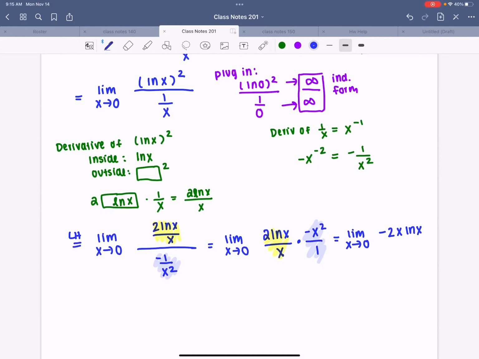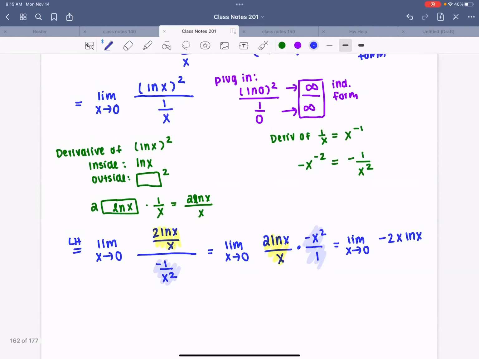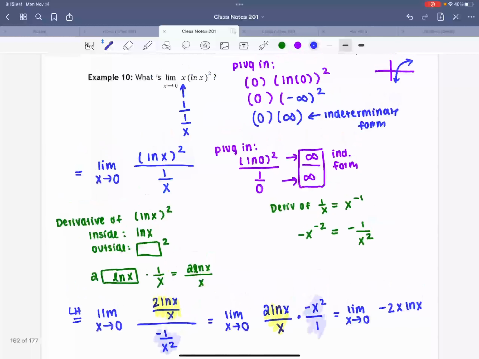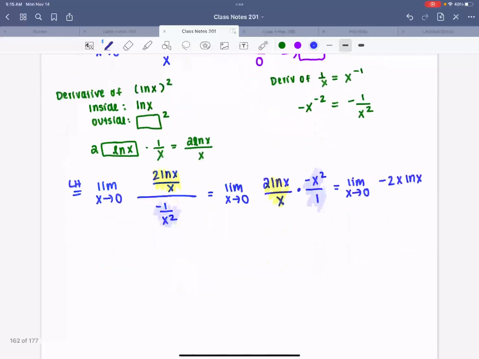Is that right? Did I do something wrong? That's right. Okay, that is right. All right, good. Sometimes I get scared. All right. Well, it looks a little bit better than what we started with. What we started with had an x times something squared, and now we just have x times ln of x.